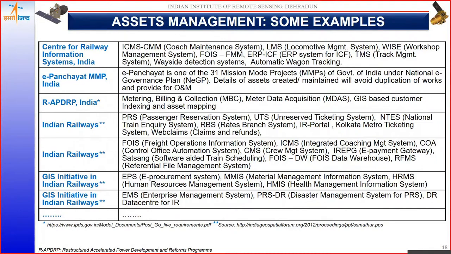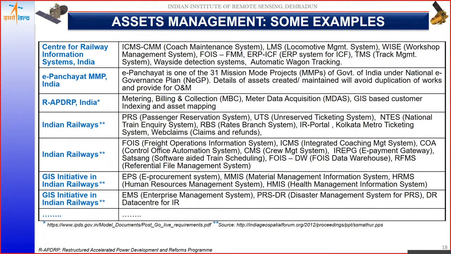So as such, there are several examples within the country or outside, where such convergent technologies have been used, where the GNSS system is being used for capturing information. For example, the Indian Railways is collecting information about its various assets.